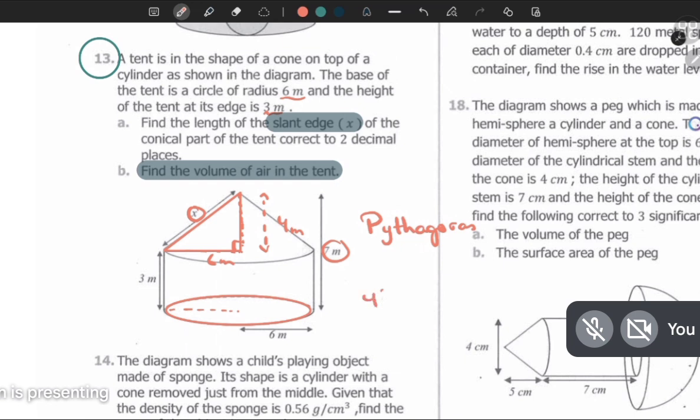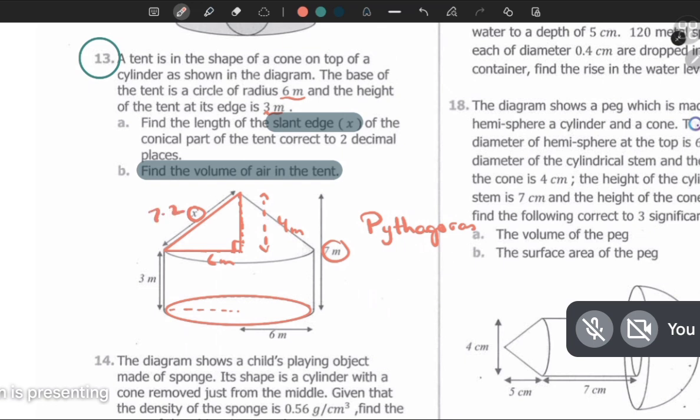You get the square root of 4 square plus 6 square, which is under root 52. So this is what you get for x, which is 7.2.